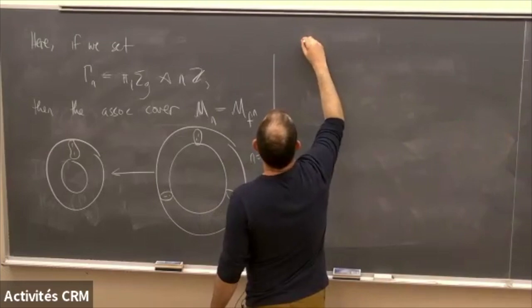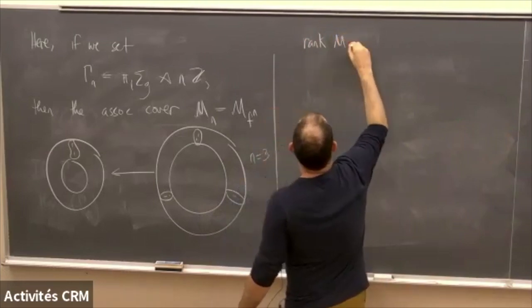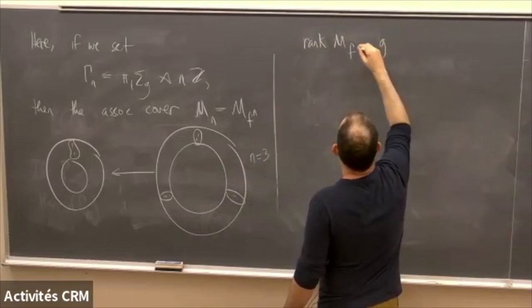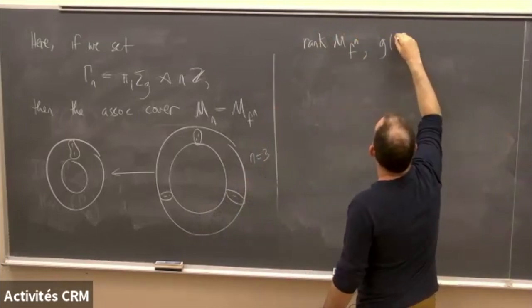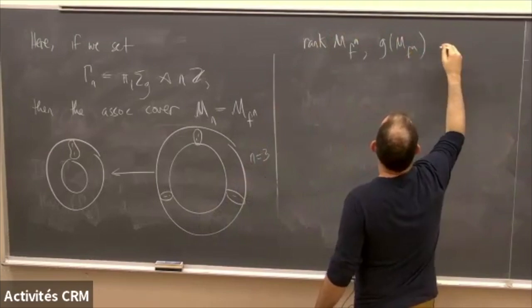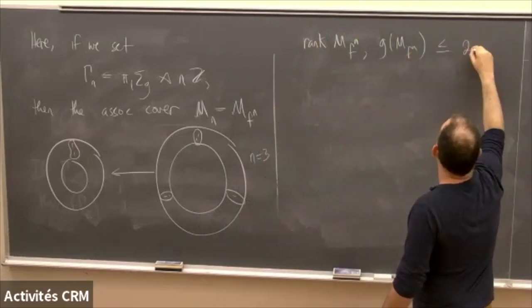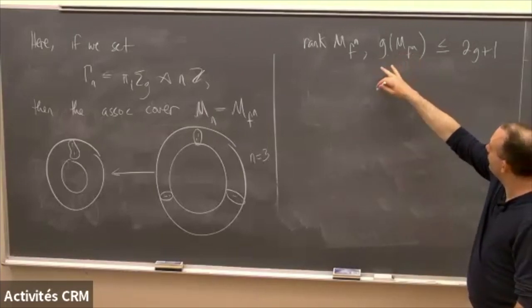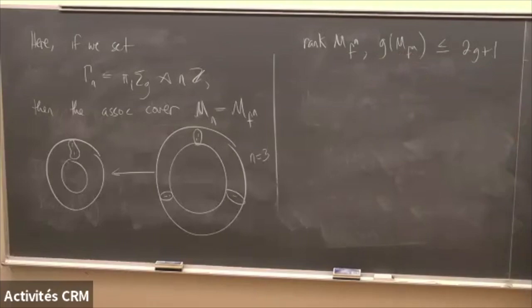Right, so the rank of M_f or M_f^n, and the Heegaard genus of M_f^n, are both at most 2g plus 1, and this g is constant. Hopefully it's not confusing that I'm using g for the Heegaard genus here, and also g for the genus of the surface. Those are two different g's.